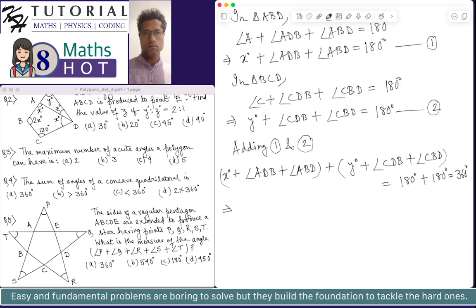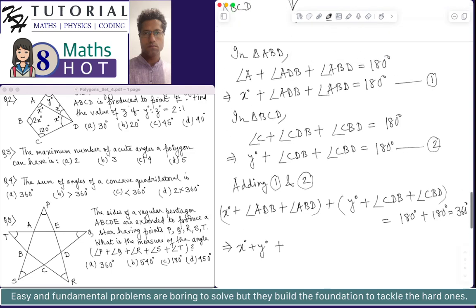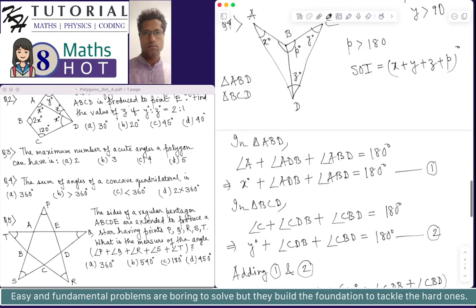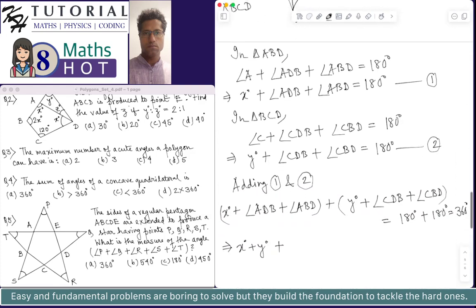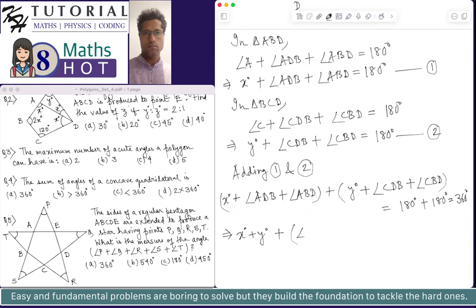Now, if we rearrange the LHS a little bit, we get x degree plus y degree plus angle ADB plus angle CDB, plus angle ABD plus angle CBD, equal to 360 degree.